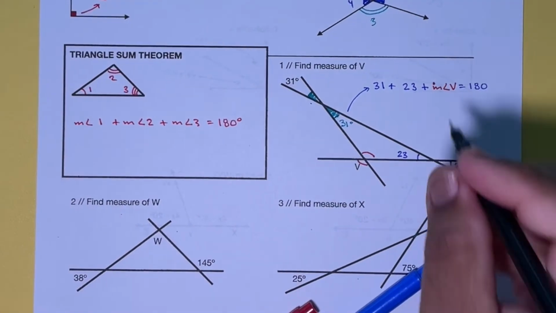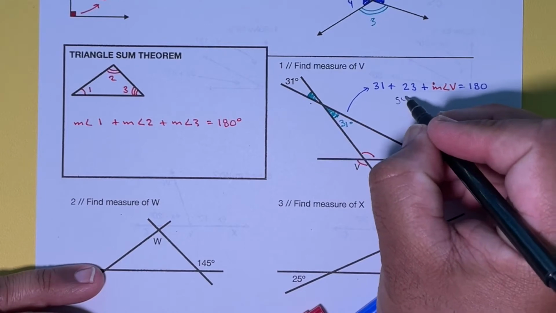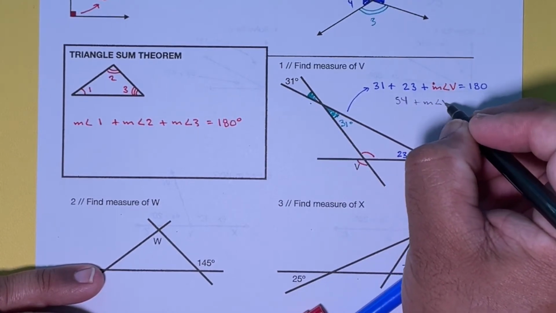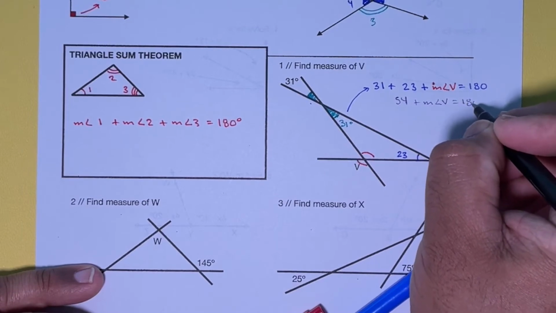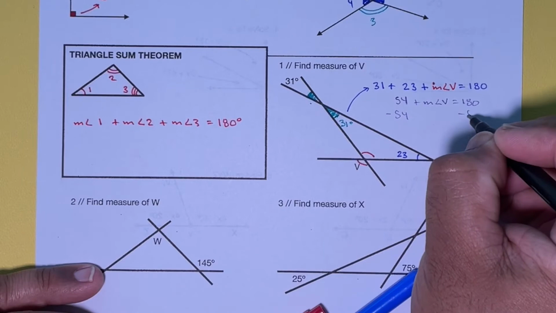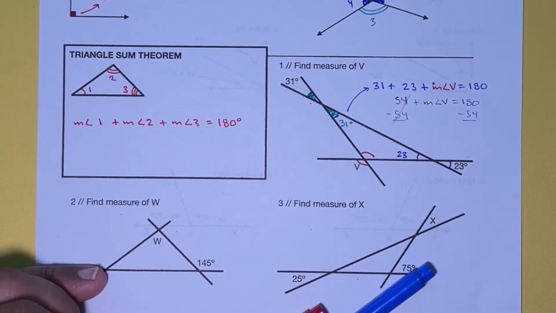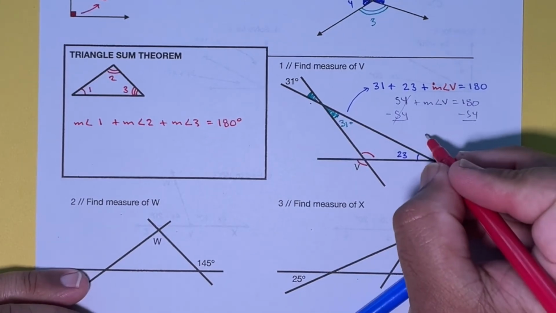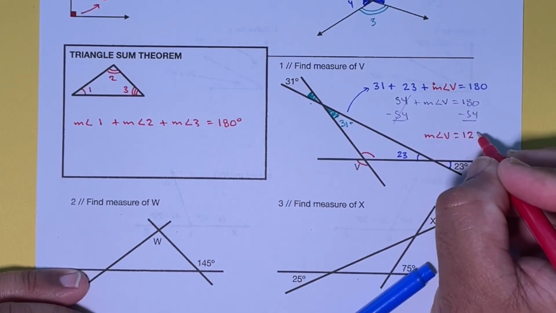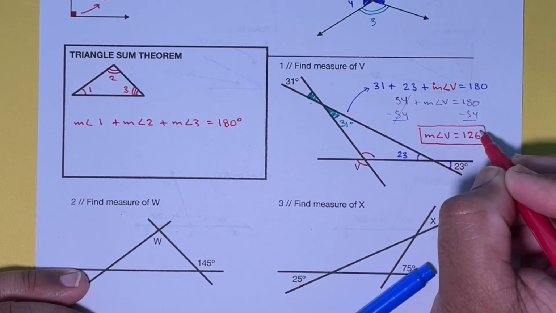So let me solve this. 31 plus 23 is 54, plus measure of angle V equals 180. So I subtract 54 from both sides. I get the measure of angle V equals 126 degrees.